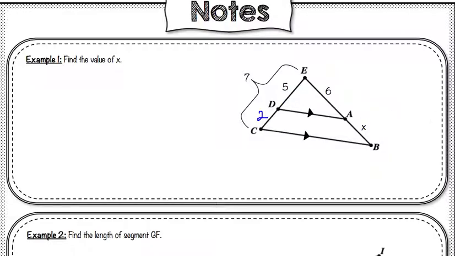So what I'm going to do is set up a proportion, and this is the way it's going to work. I have a number in the top left. I'm going to divide that by the number in the bottom left. Okay, a number in the top right, and I'm going to divide that by the number in the bottom right.